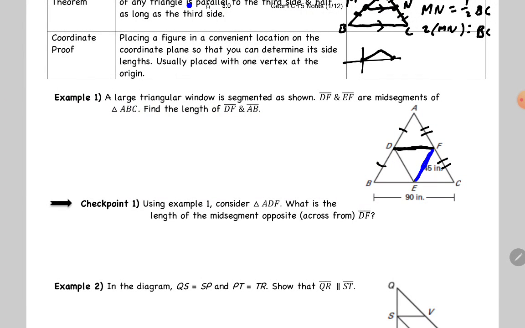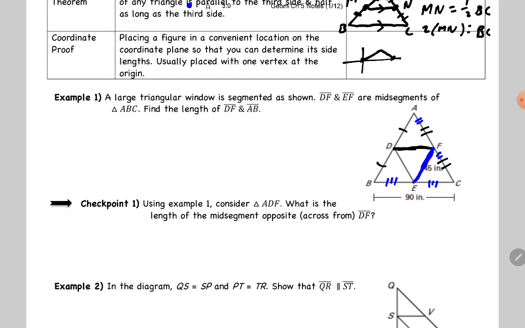So if you rotate the triangle a little bit, and they say that EF is a midsegment, okay, that means this side here gets split in half, and this side here gets split in half.